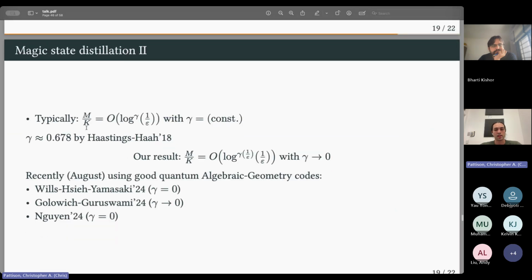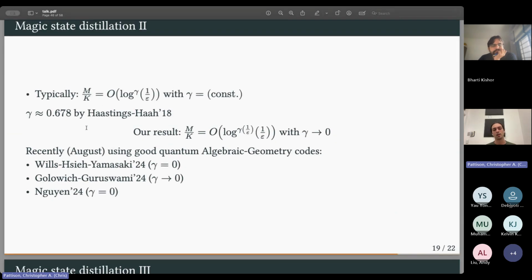Since then, we've had some recent constructions of code families that allow you to get much better than polylog, either sub-polylogarithmic, or even no dependence on the error rate at all.